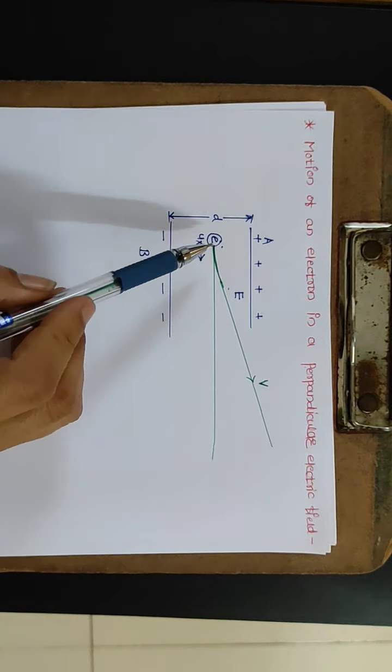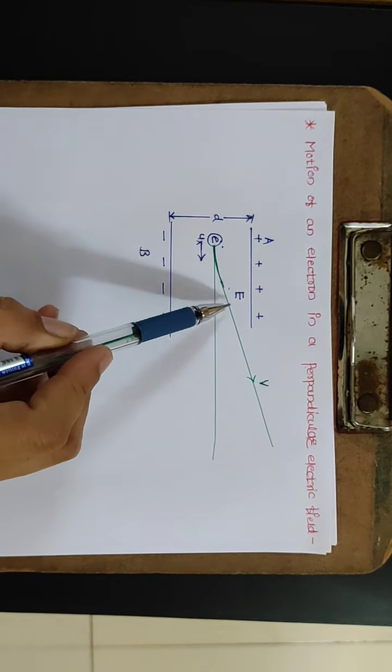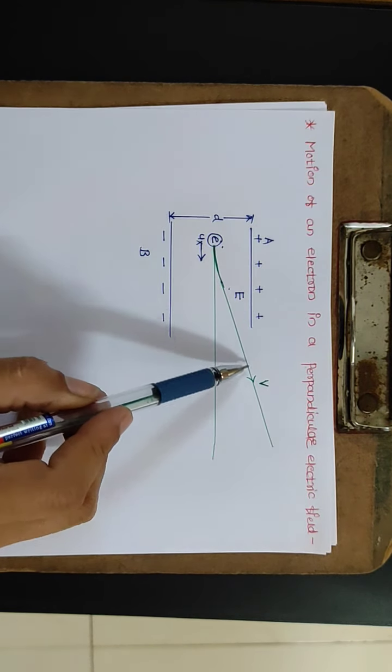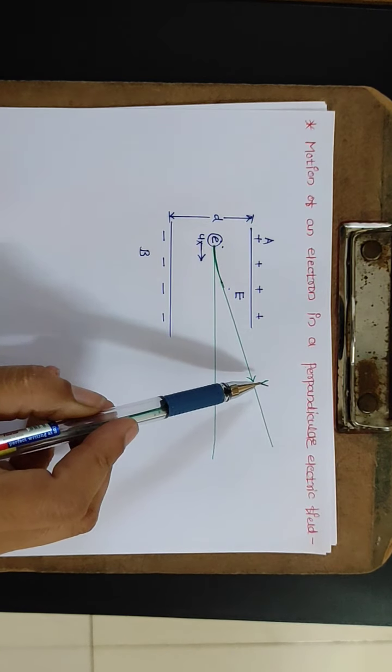So the path of this electron is parabolic, and after some time it will move in a straight line with the velocity v.